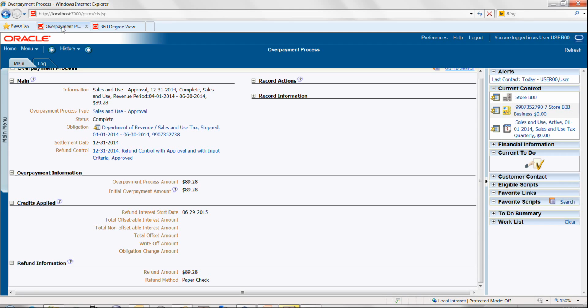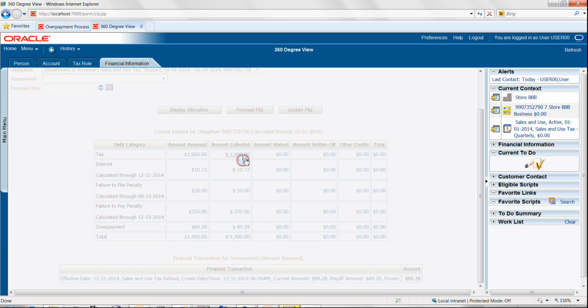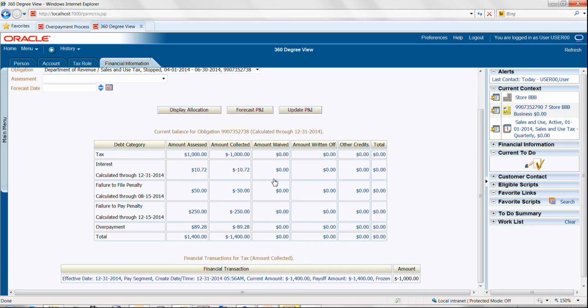In other words, the payment that was sent out for 1,400 is going to be cancelled, and then I'm going to create another tax form, and we're going to see another example, but in this case it's going to use offsetting.